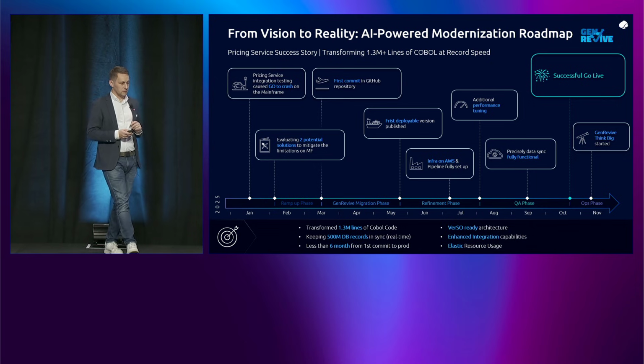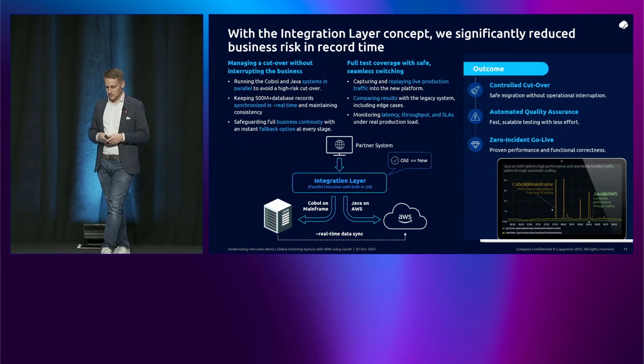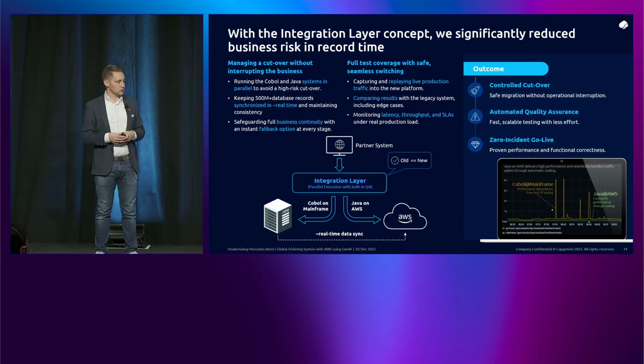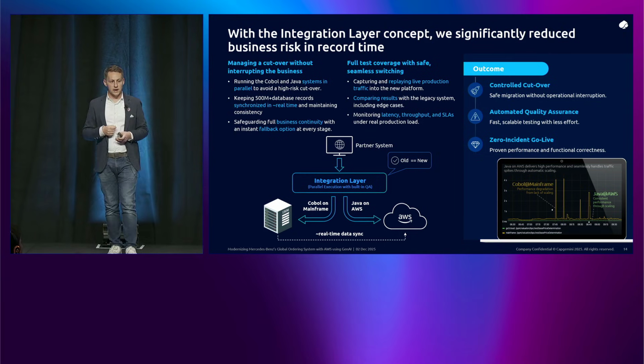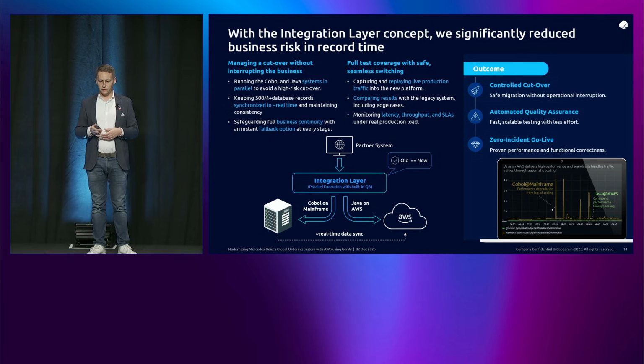Now, one last thing that I want to come to is the facade, or integration layer, that we also call it. It is now in production and was really a key element to be able to test the whole service, but also to be able to bring it live.